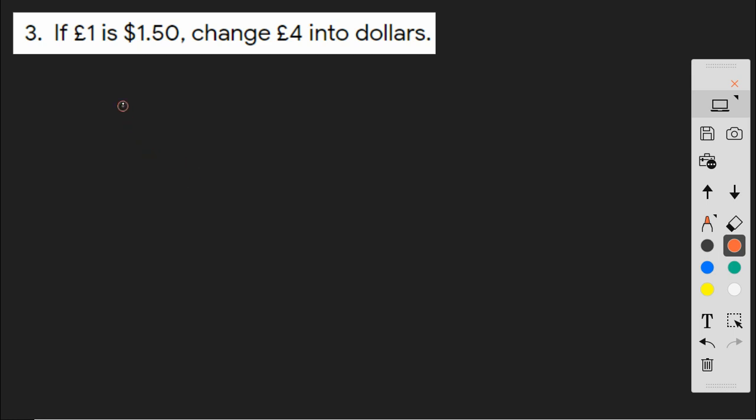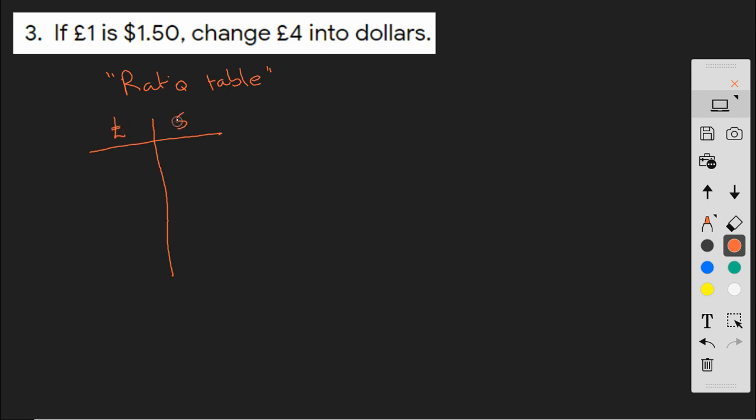Now, I suggested to you yesterday that we were going to be using the ratio table quite a bit. And so we are again today. So let's have a look at what goes on with our ratio table.